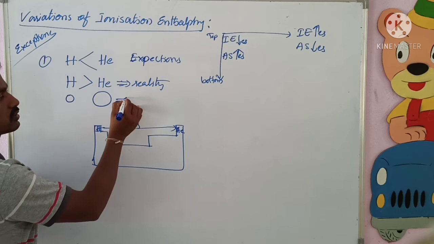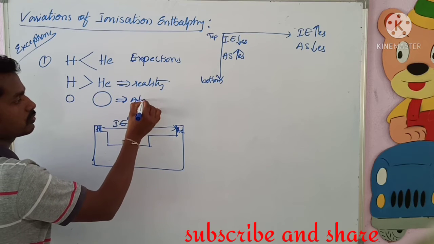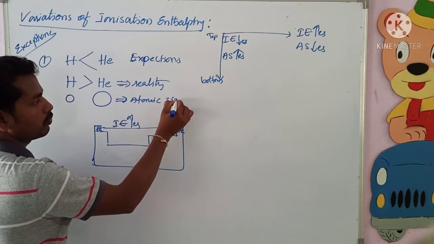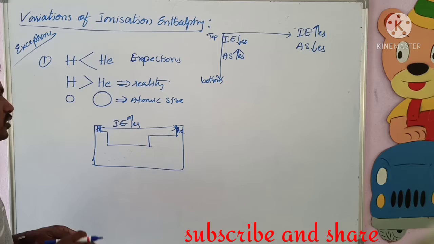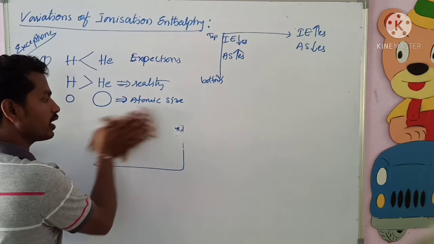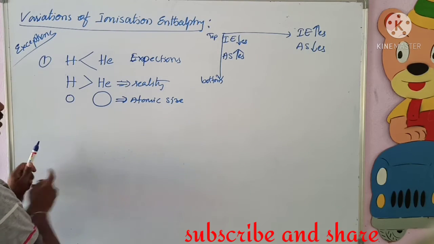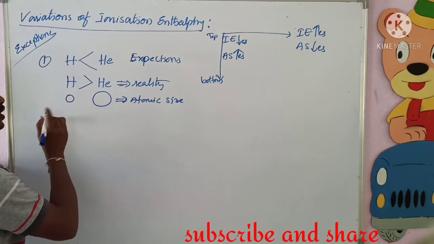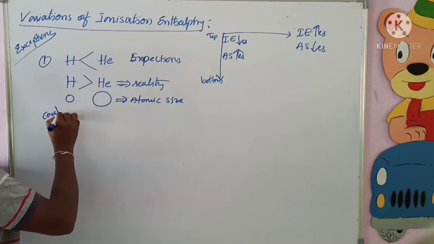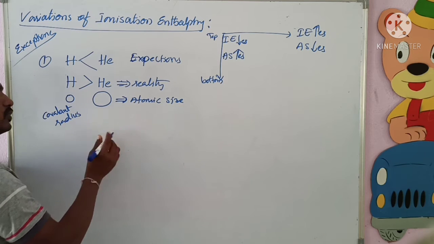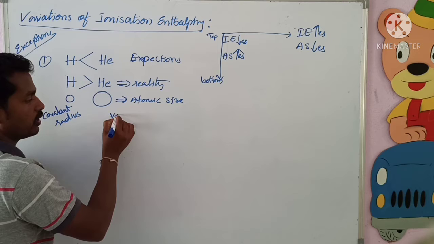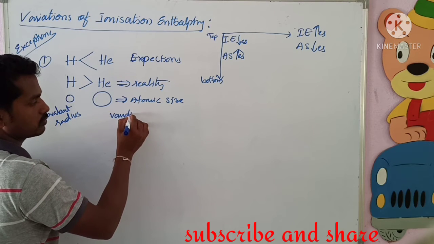This is because helium is a noble gas element, so it has a van der Waals radius. For hydrogen, it is a covalent radius, and for helium it is a van der Waals radius.